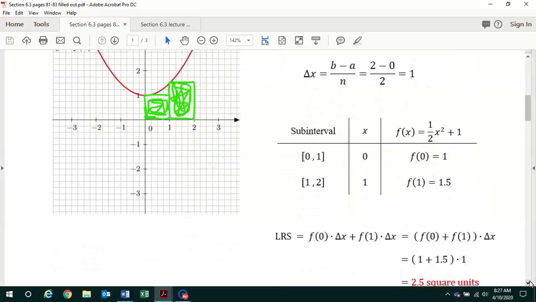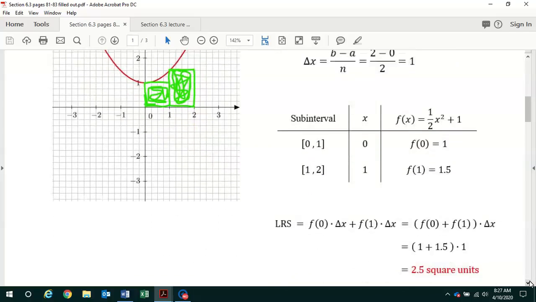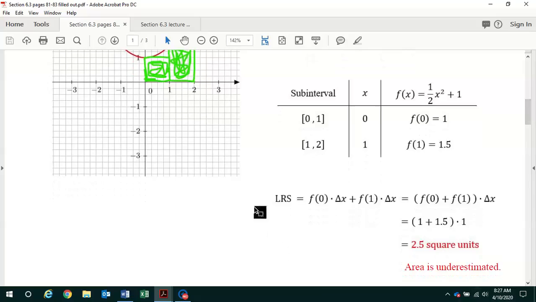Okay? So the formula for adding up the areas of the rectangles, LRS stands for left endpoint Riemann sum, is equal to the height of the first rectangle times its width plus the height of the second rectangle times its width. And you notice that delta x is going to be a common factor in the Riemann sum.